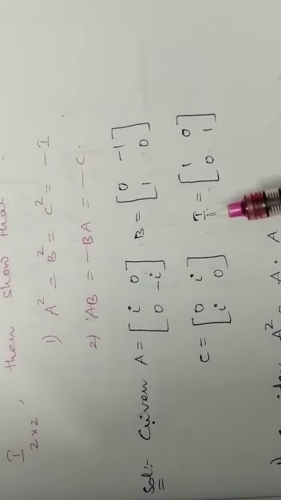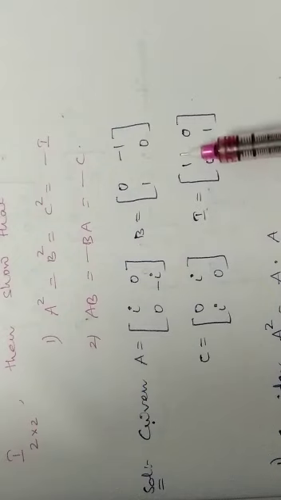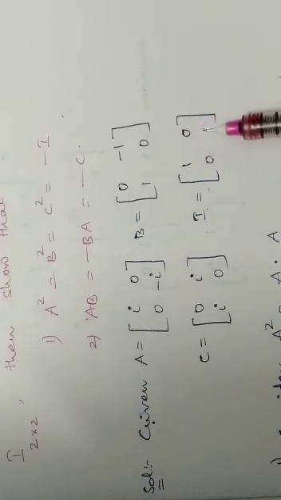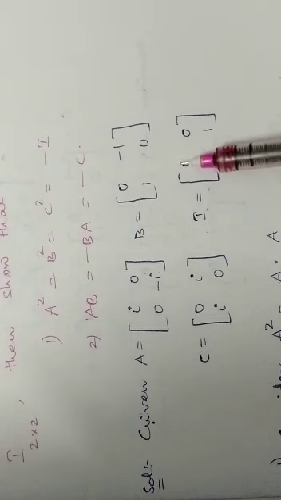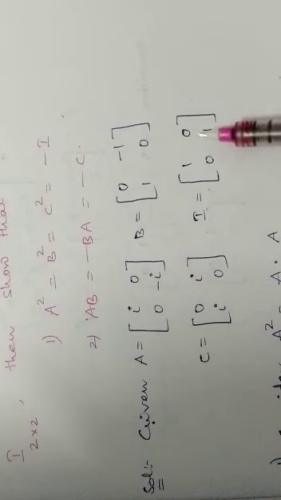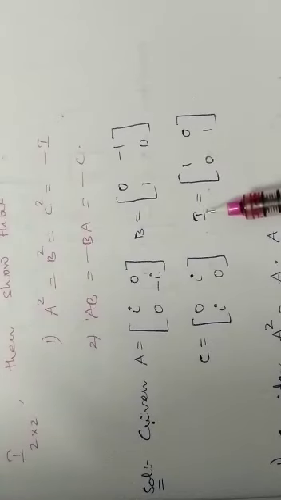Identity matrix of 2 by 2 is 1 0 0 1, and we discussed how to write identity matrix of order 2 by 2 or of order 3 by 3. Diagonal elements are equal to 1. Rest of the elements, remaining all the elements are zeros, is identity matrix.